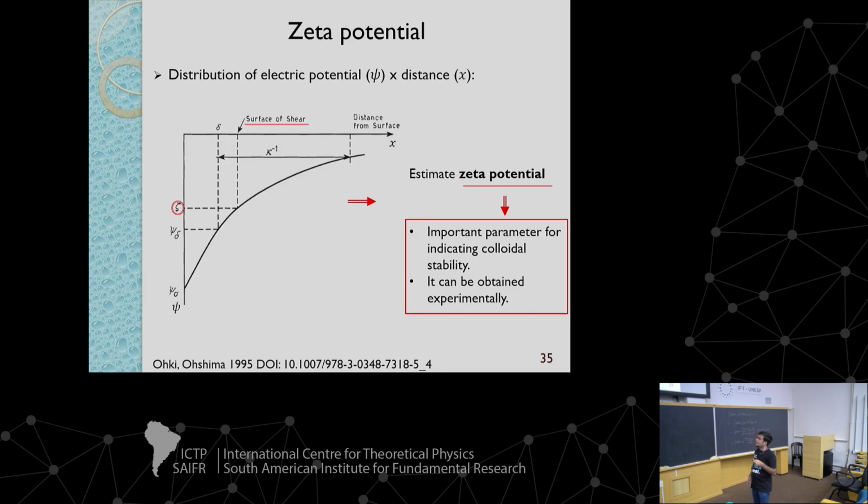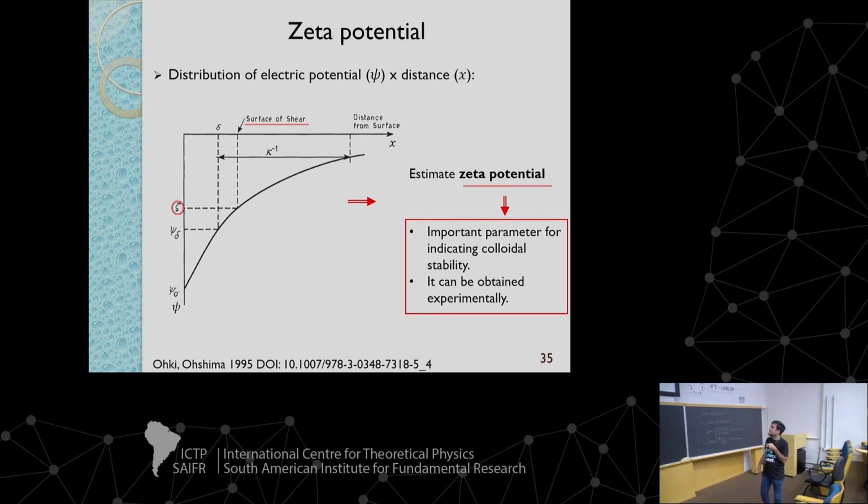And from this, we can predict the so-called Zeta potential. Zeta potential is the surface-like potential that is really measured.